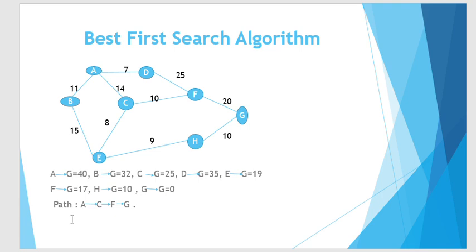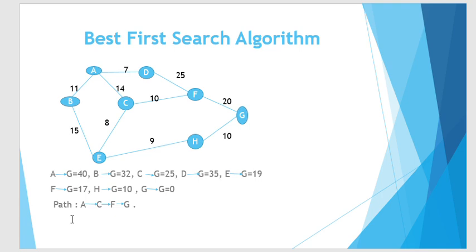I already mentioned here that if the goal node is the starting node, then stop the algorithm because both nodes are the same. So that's why the value for G to G is 0. The Euclidean distance, the straight line distance, is already given over here, so we have to consider it as the heuristic value.